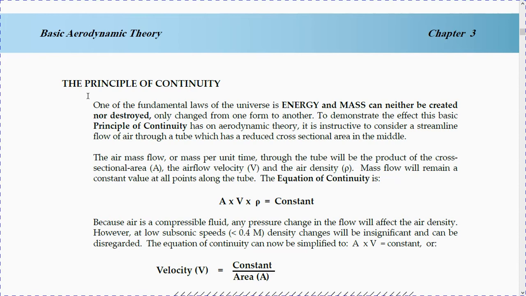Mass flow will remain a constant value at all points along the tube. So the equation of continuity is A times V times rho equals a constant.